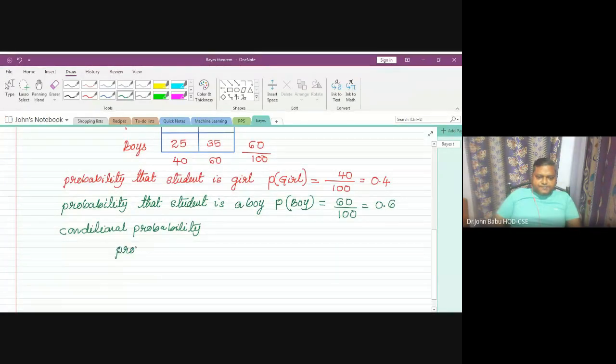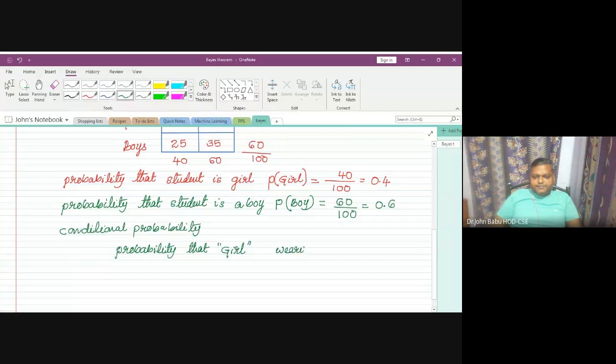Now what is the condition here? Girl, that is the condition.